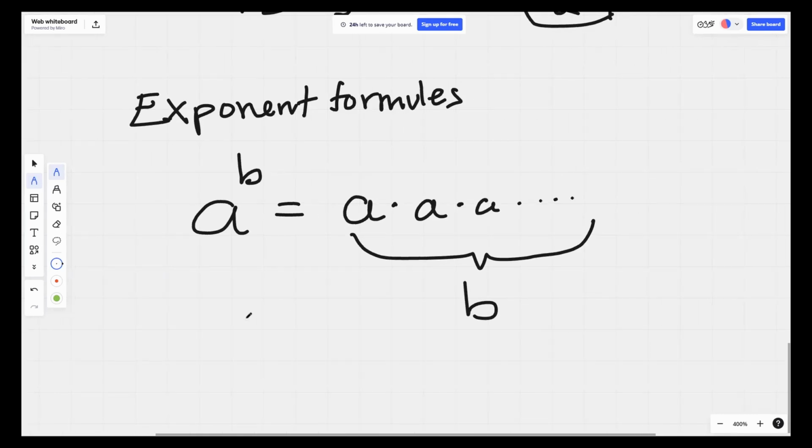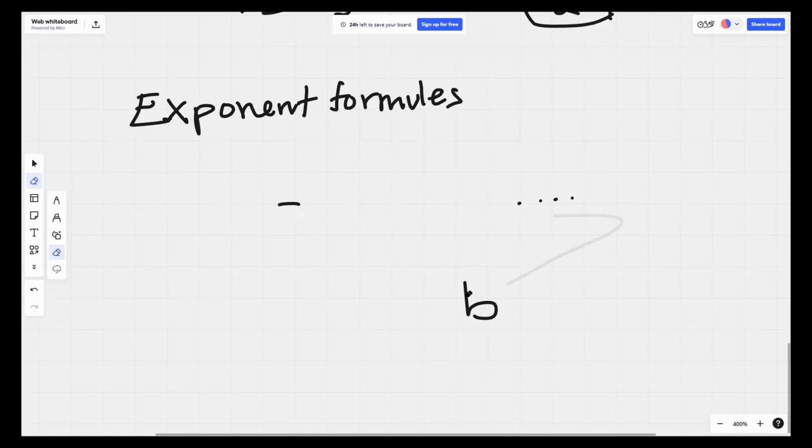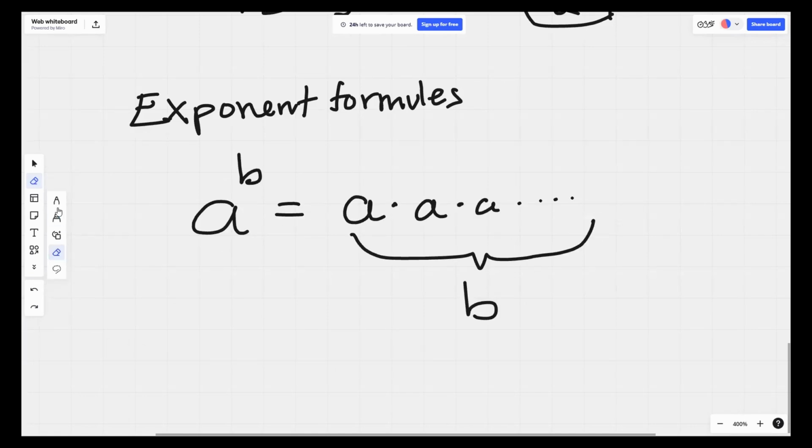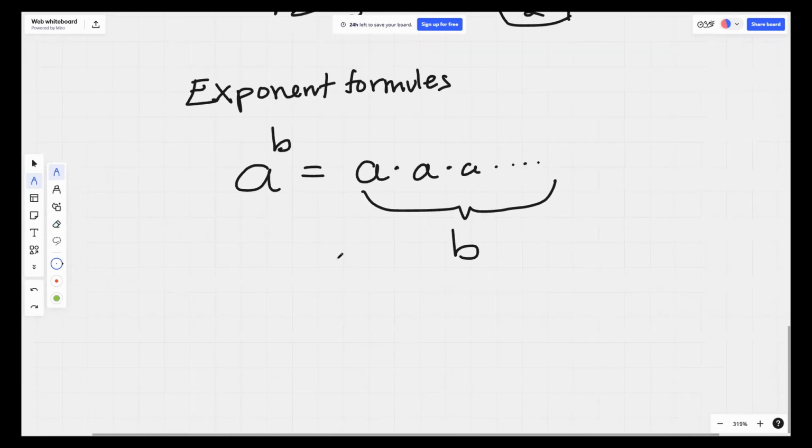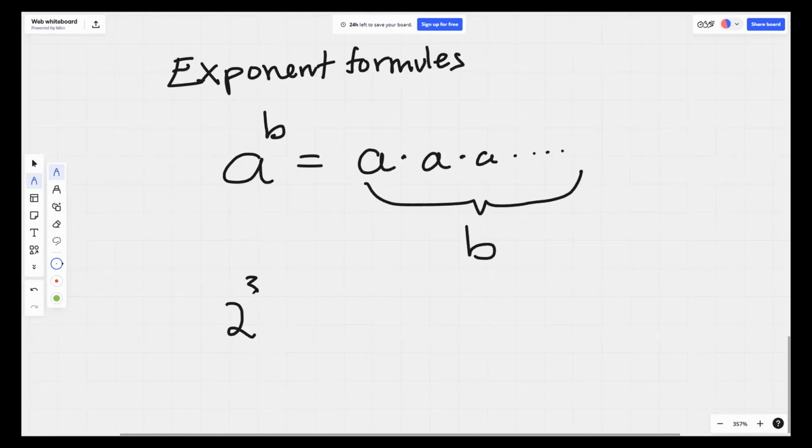So I'm sure we're all familiar with this concept. So for example, if I have 2 to the 3, that would be 2 times 2 times 2, right? 2 multiplied by itself 3 times, which would be 8.